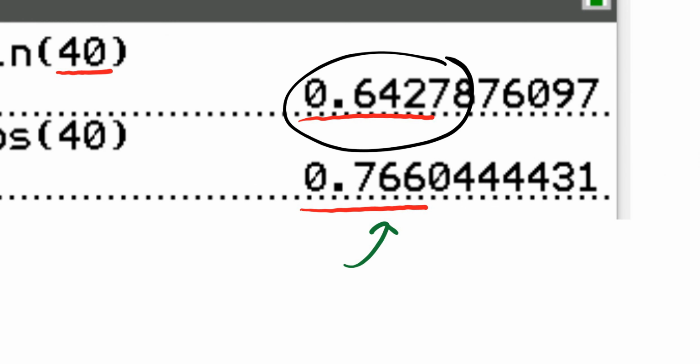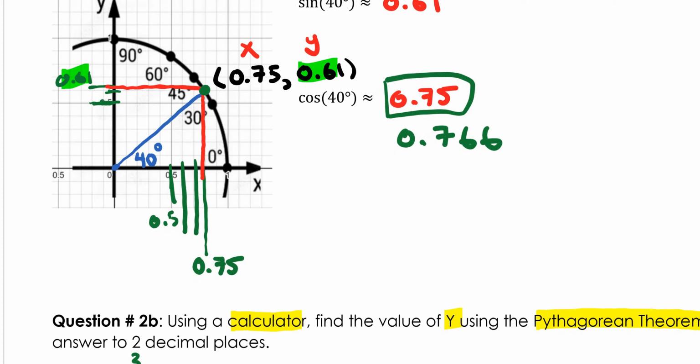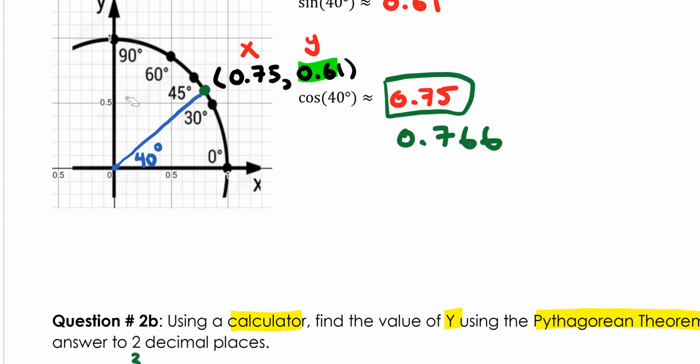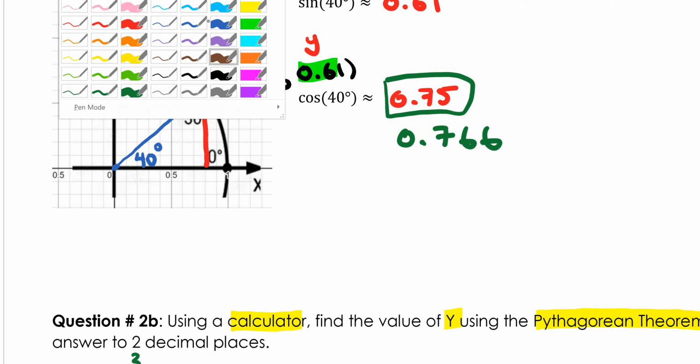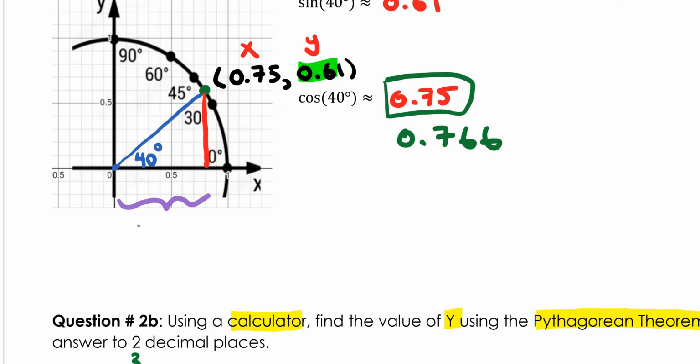So if I go back to my unit circle here, let me erase this. If I drew the triangle, what we're trying to say here is that this x value has a distance of 0.766, and the corresponding y height was 0.6428.